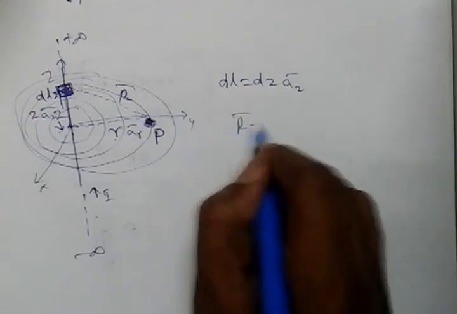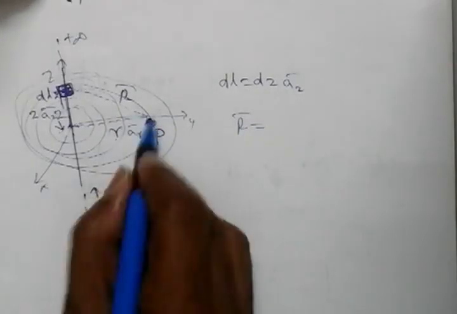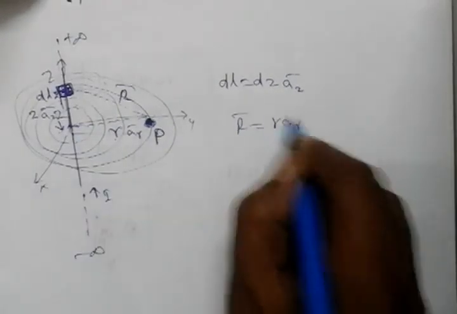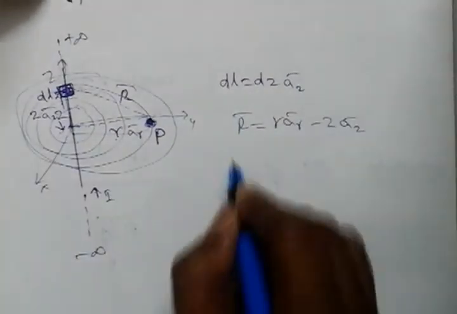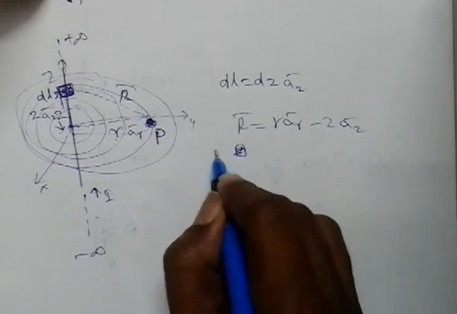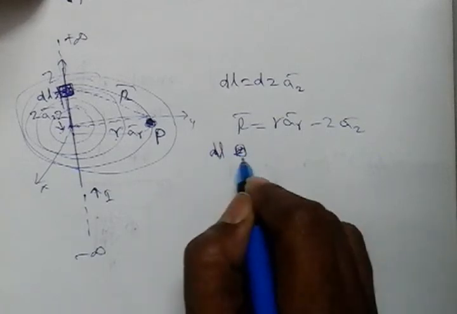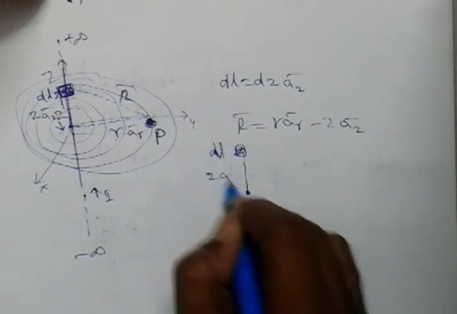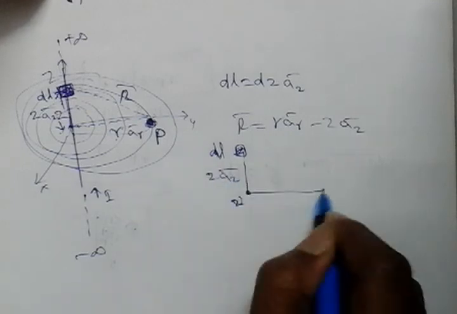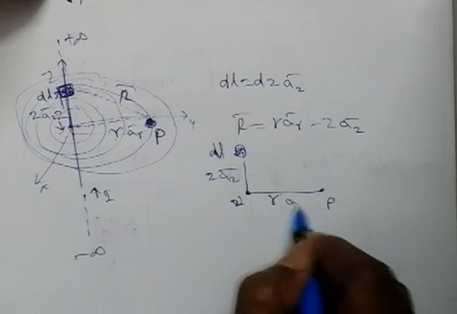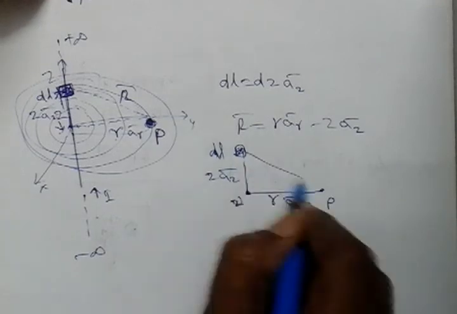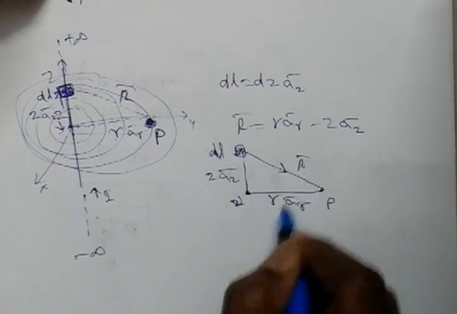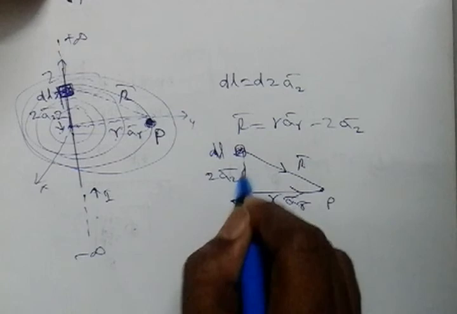So r bar, if you apply KVL for this loop, is r bar minus z a_z bar. This is the point z, so z into a_z bar. Next, this is the point P, so r into a_r bar, the radial distance that we need to determine.